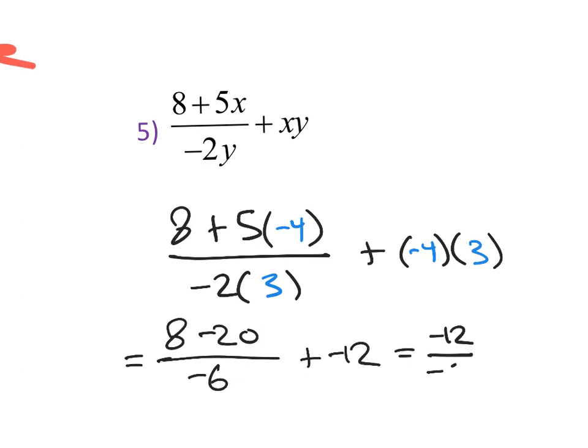The bottom's -6 plus -12. And then -12 divided by -6, that's 2. Negative divided by negative is positive. Plus -12. 2 plus -12 is -10. And that's my final answer there.